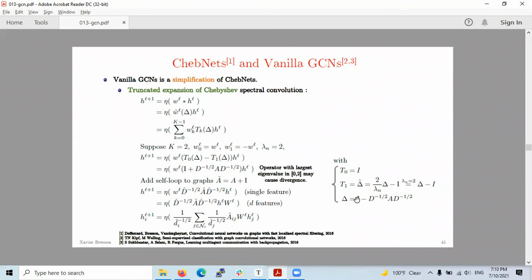So if you plug that in, you will find that the output of the Chebyshev spectral convolution and this one, the GCN, look very similar. I think that's where he's drawing the parallel: in spite of going through the Fourier transform and everything, you ultimately end up with the same thing.